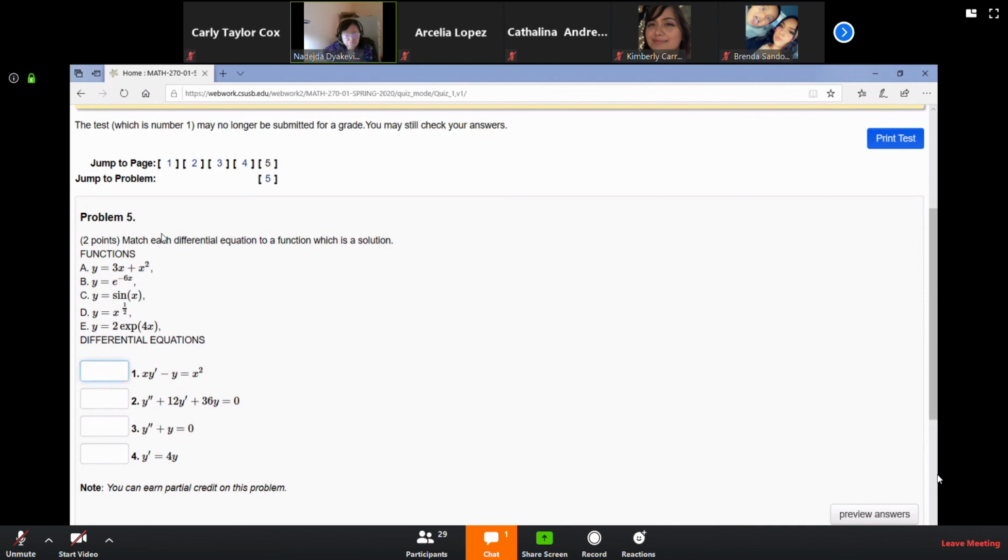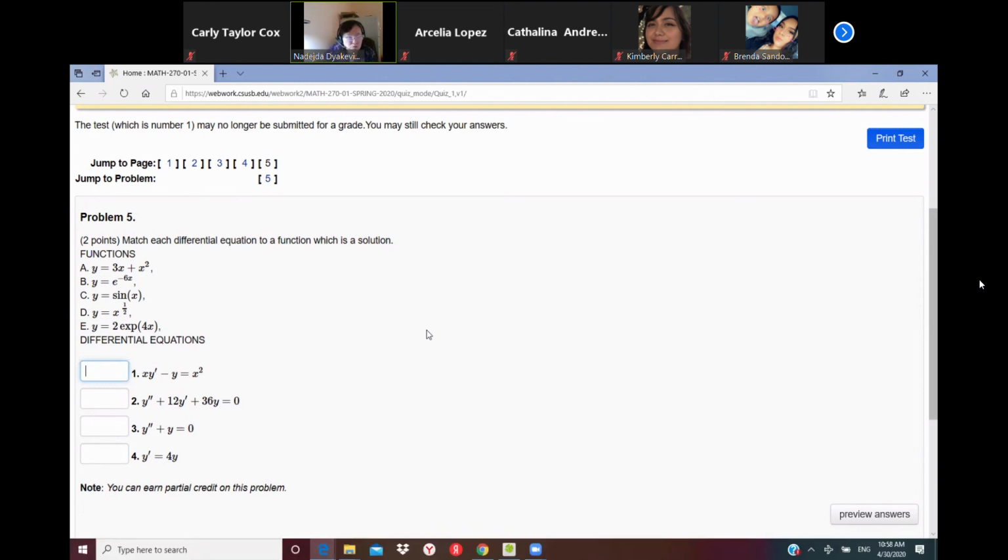So let's see, the best way is probably, let me copy, this is number 5. I'm going to start with sine. Sine is probably a solution of either second or third. So I will try sine first.